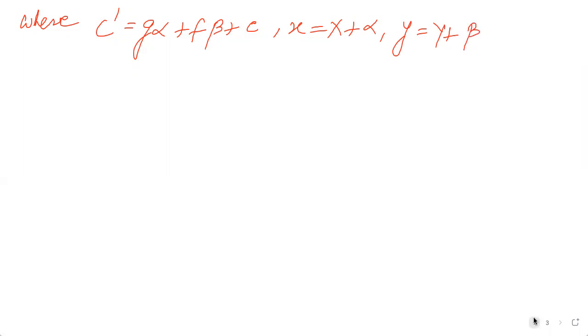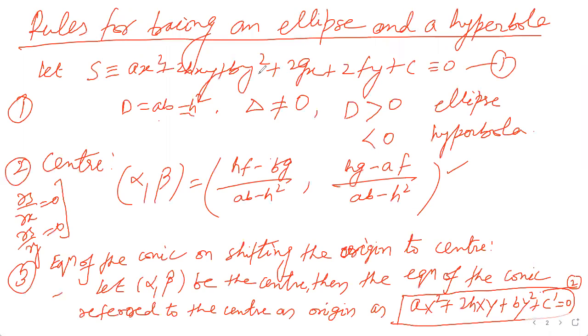This is the equation of a conic now after transferring origin to the center, है ना. X की प्लेस पे I will put capital X plus alpha, y प्लेस पे I will put capital Y plus beta. तो ये आपकी चेंज होगी, इक्वेशन बन जाएगी इस फॉर्म में. यहाँ c डैश की वैल्यू होगी दिस.